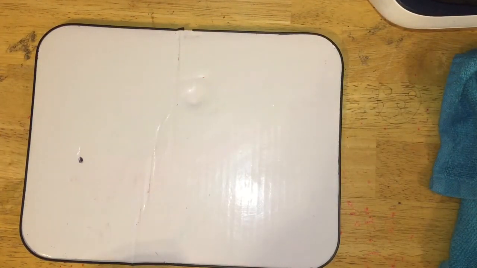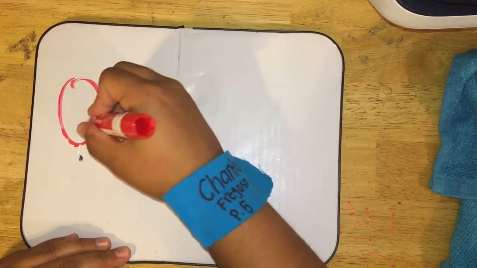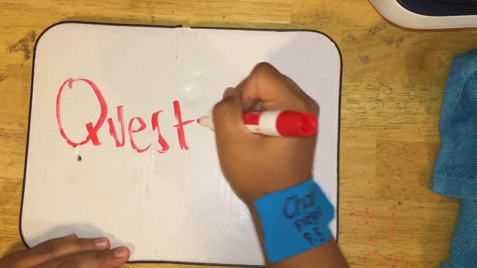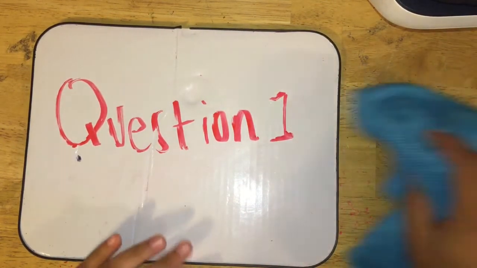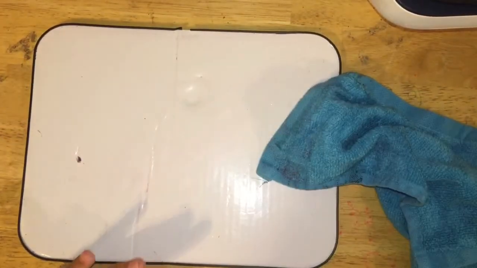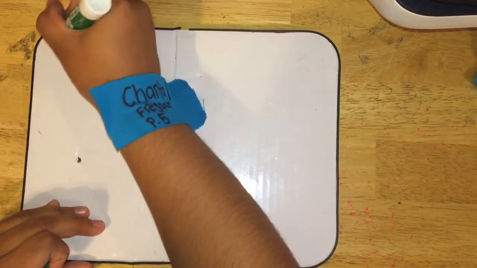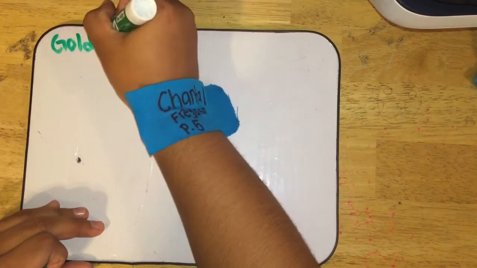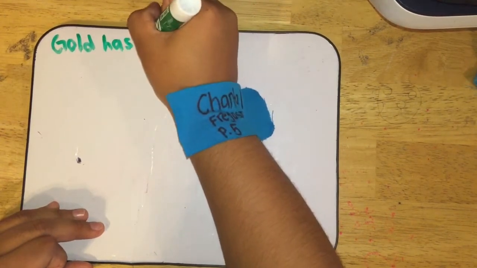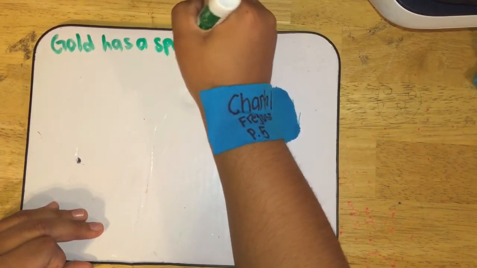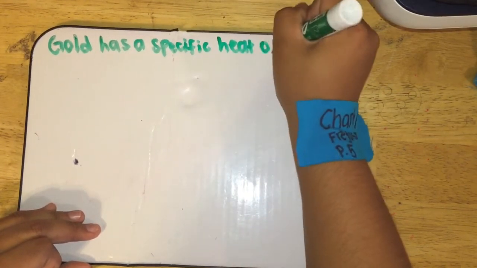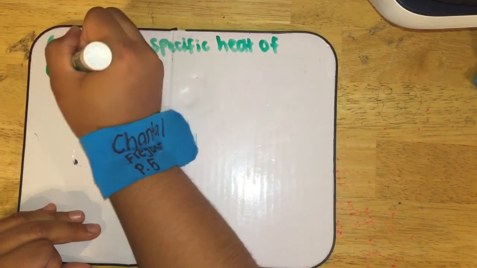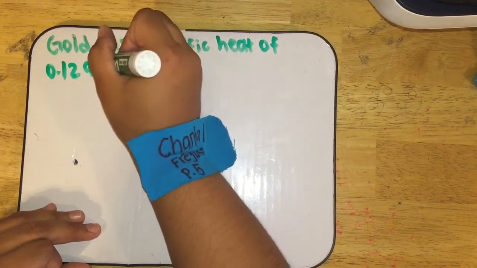Okay, so let's start now. Question 1. Gold has a specific heat of 0.129.